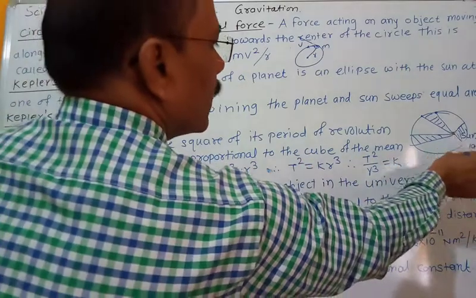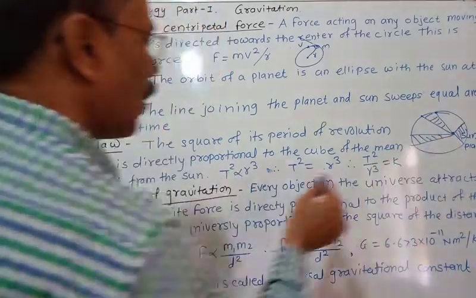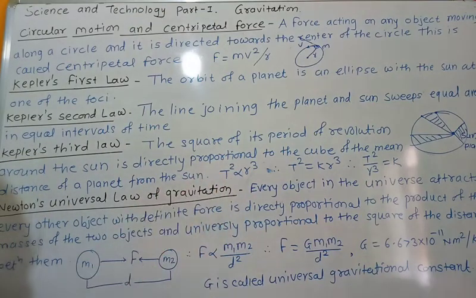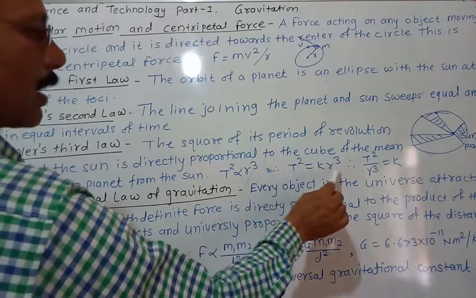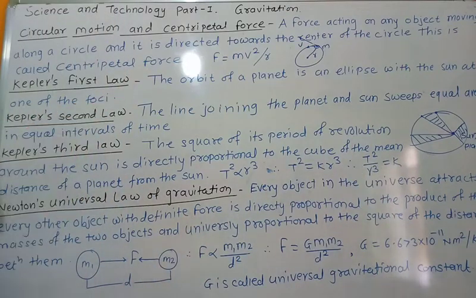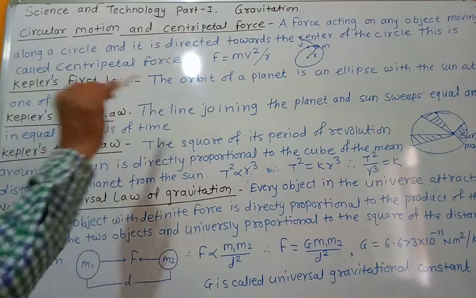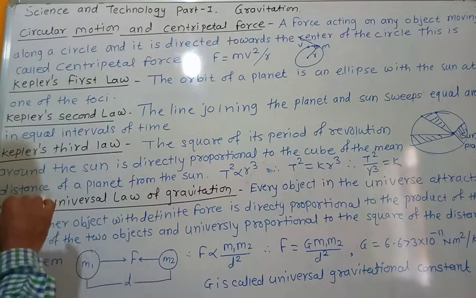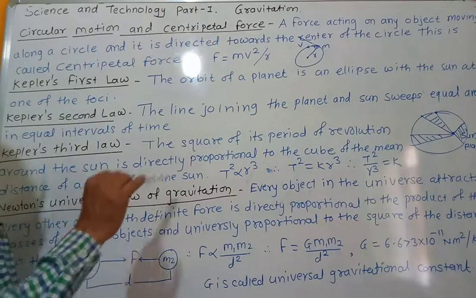That is, T square is directly proportional to R cube, so T square equals K R cube. Therefore, T square divided by R cube equals K, where K is a constant.